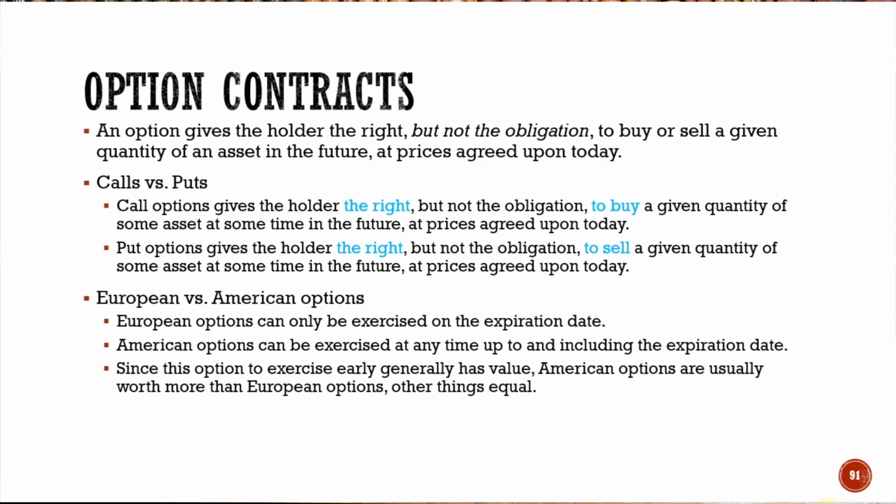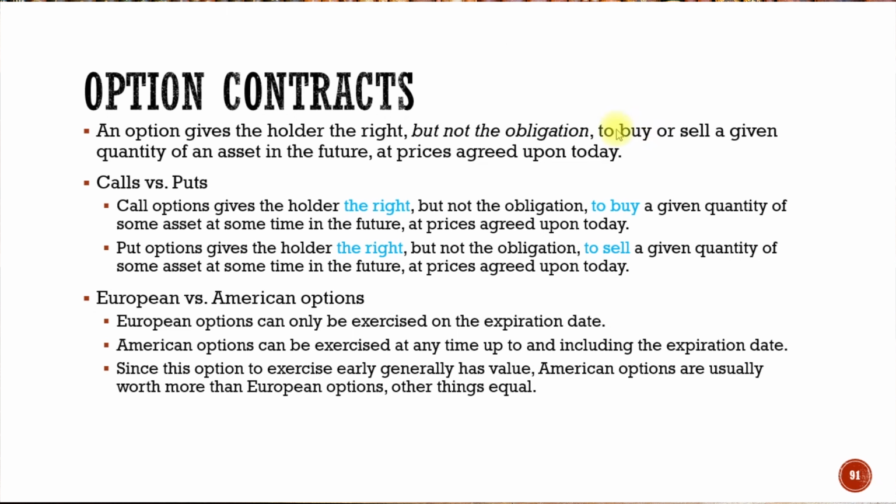An option gives the holder the right, but not the obligation, to buy or sell a given quantity of an asset in the future at prices agreed upon today. So in our example, you were interested in the Apple stock that in our example was trading at $100.